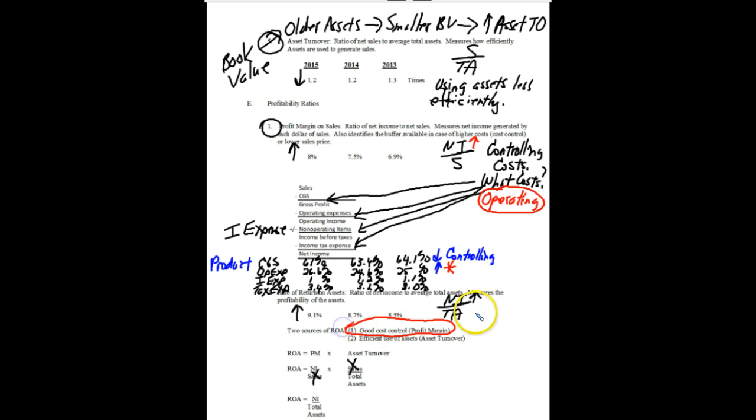They are controlling their expenses, and very specifically, they're controlling cost of goods sold. So again, return on assets is not going up because of the assets, it's going up because of net income and controlling those expenses, and specifically, cost of goods sold.